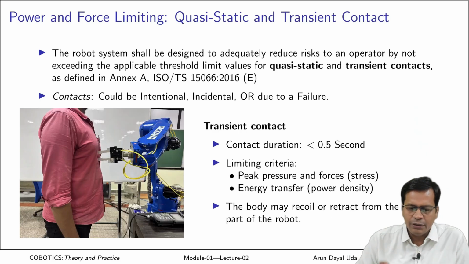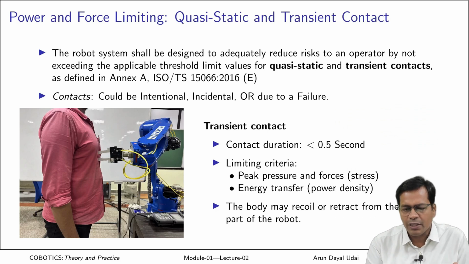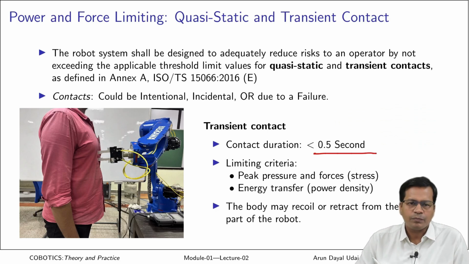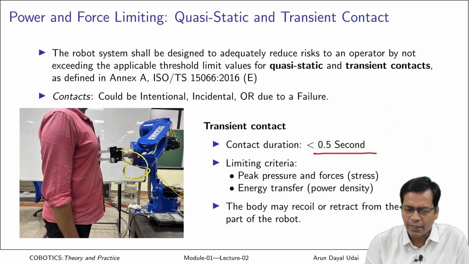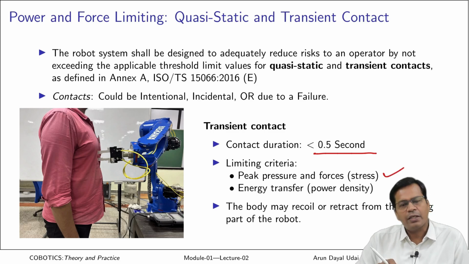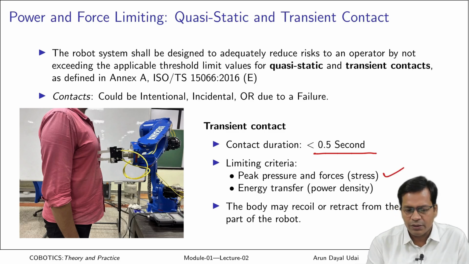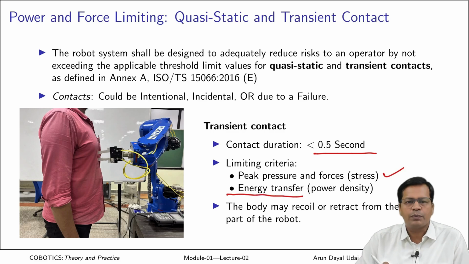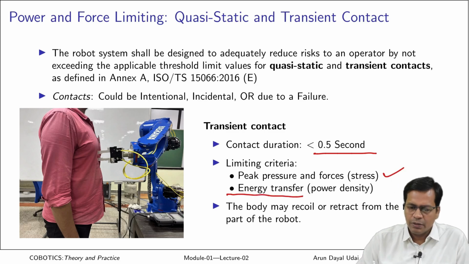Okay. The next one is transient contact. In this, the contact duration is less than 0.5 second. The limiting criteria are again peak pressure and the forces that are to be controlled. Energy transfer is an additional thing that has to be taken care of also. This basically is the power density that goes into the body when the robot does such a task, right.